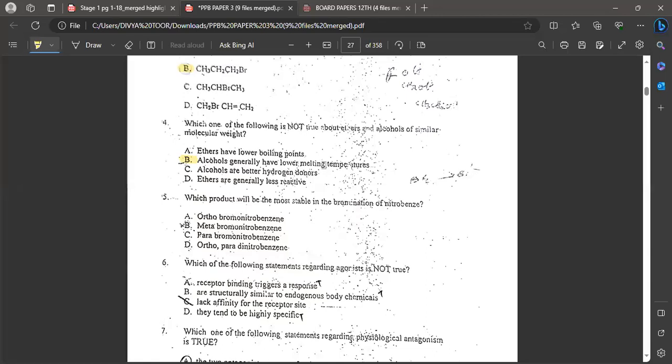Isn't it the other way around? So alcohols will have higher melting point because of the hydroxyl group. Yeah, they are able to form hydrogen bonds better than ethers, so alcohols will have a higher one.